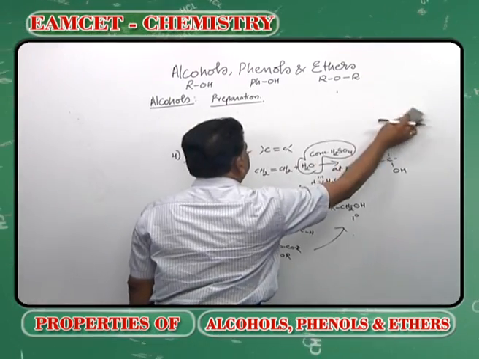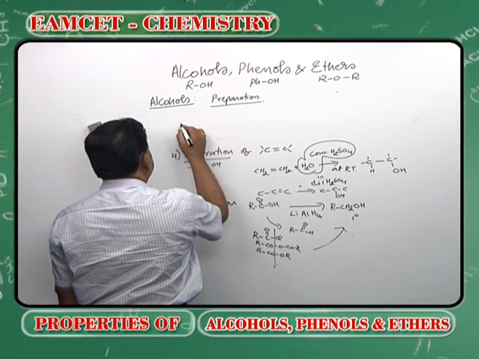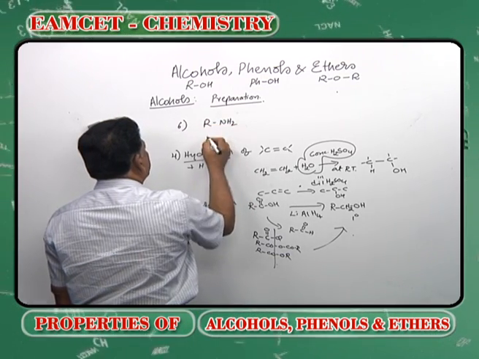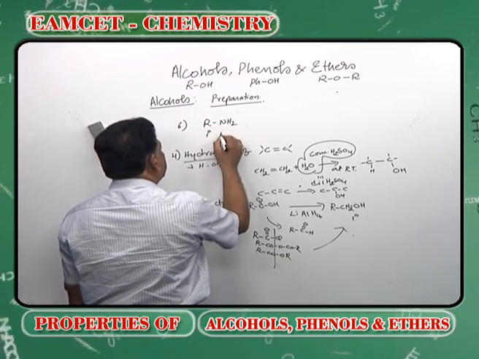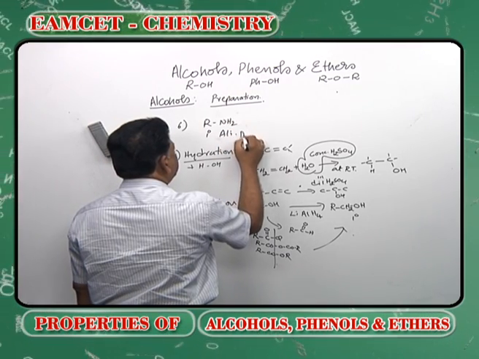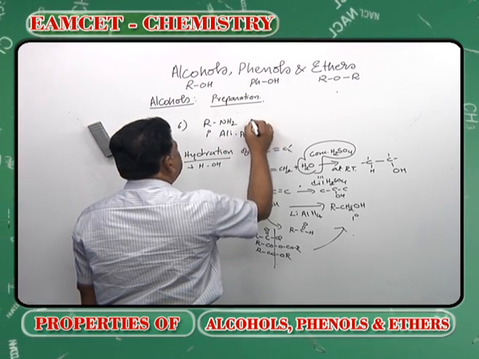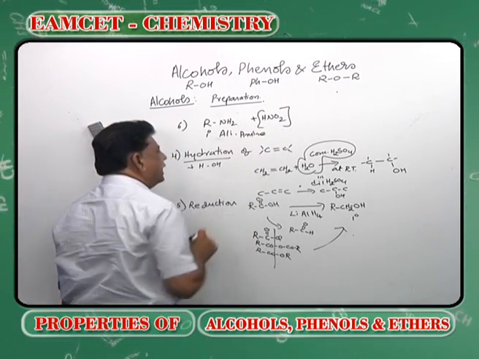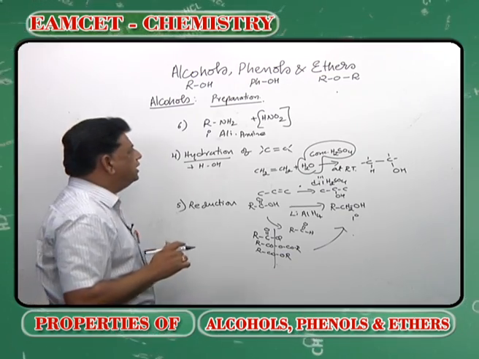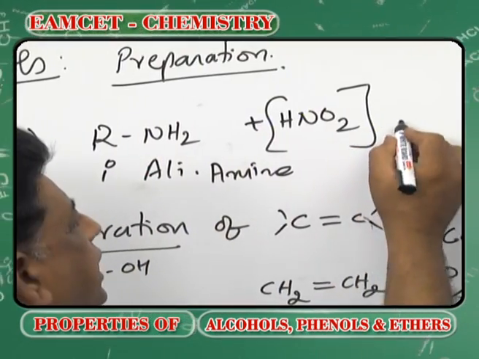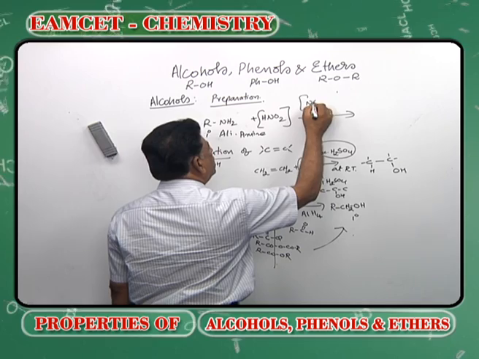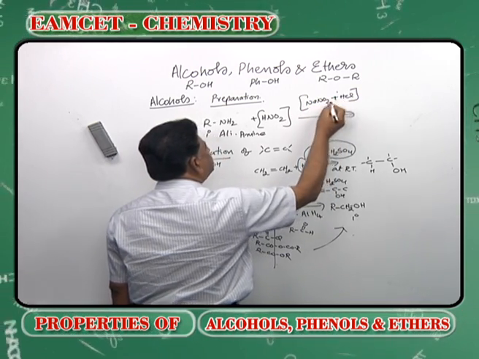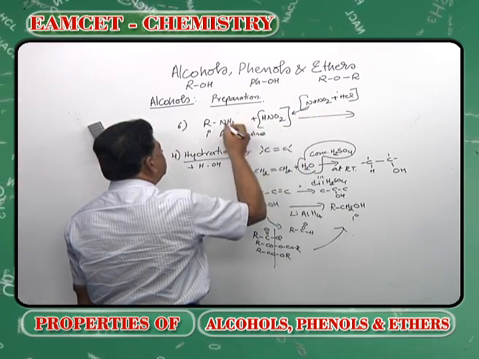Lastly, we have one common method also, that is RNH2, a 1 degree aliphatic amine. Aliphatic amines react with nitrous acid, HNO2. This is an unstable acid, not available in the market, which can be generated by taking sodium nitrite, NaNO2, plus HCl. If you add these, this generates the acid, and it reacts.